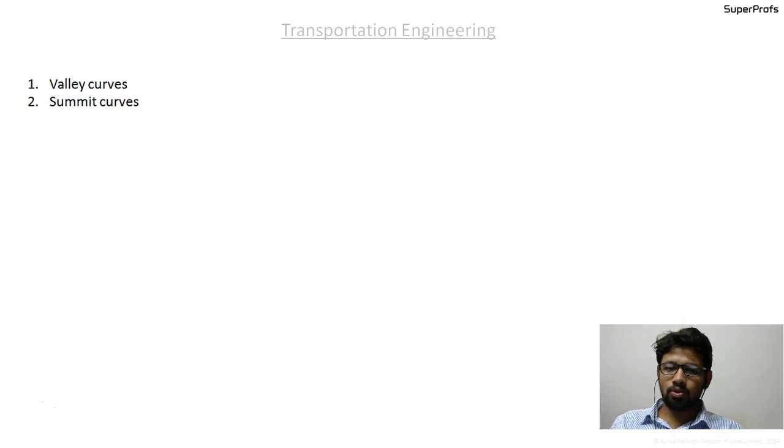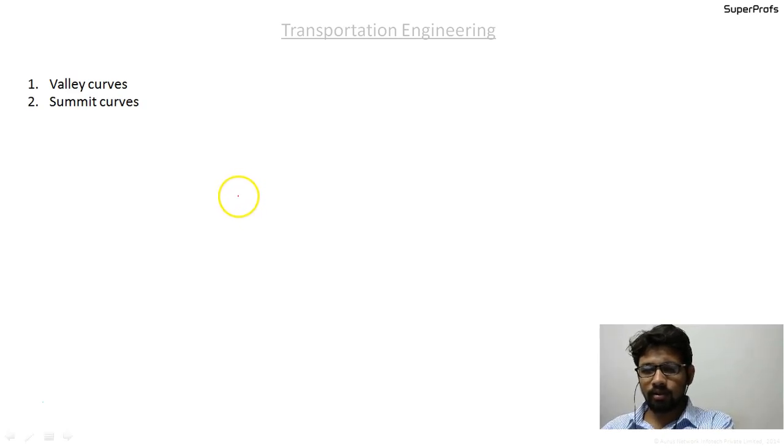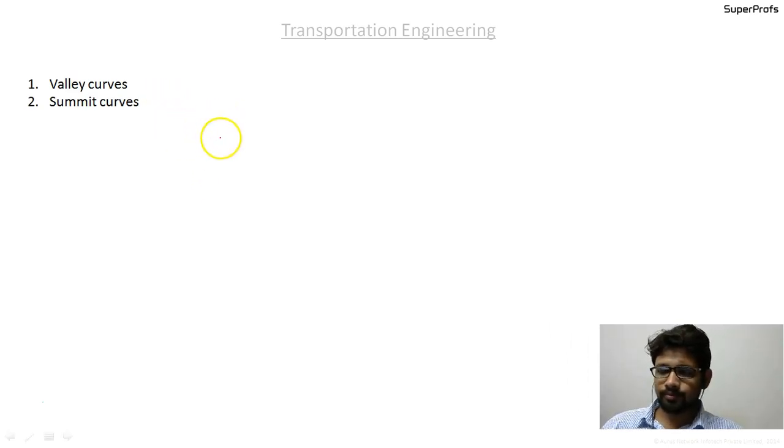There are two possibilities of the vertical curves, that is maybe it is a valley curve or summit curve.